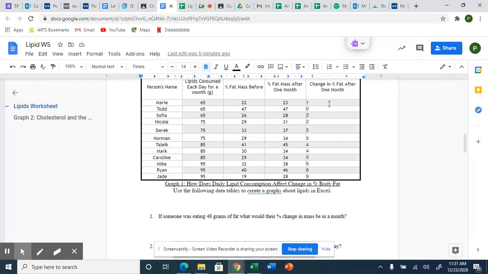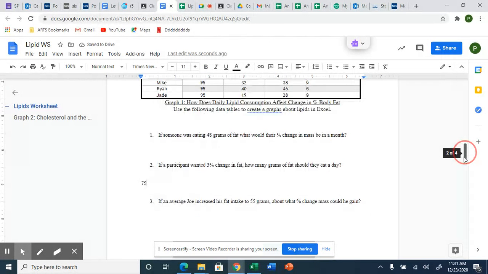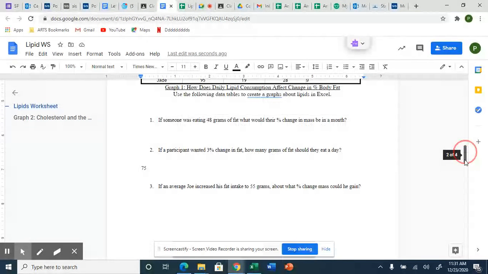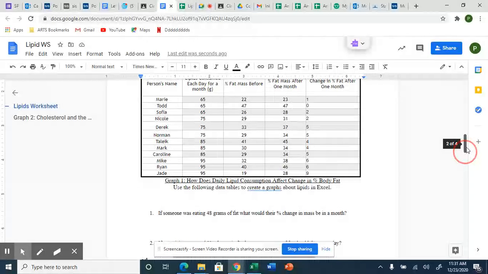If a participant wanted a 3% change in fat, how many grams of fat should they eat a day? All right, so we use the chart. 3%, about 75 is the answer. If an average Joe increased his fat intake to 55 grams, what would the change be?